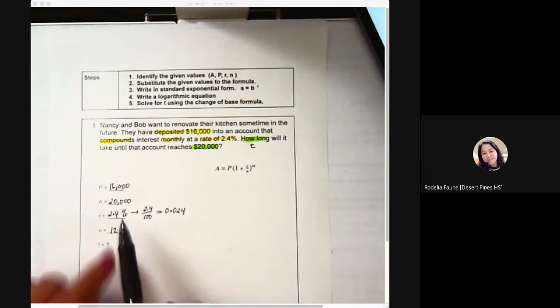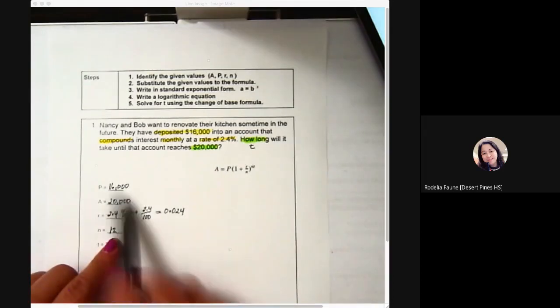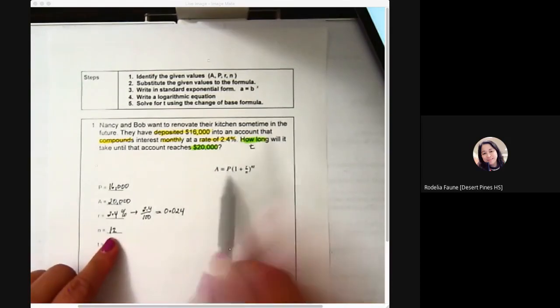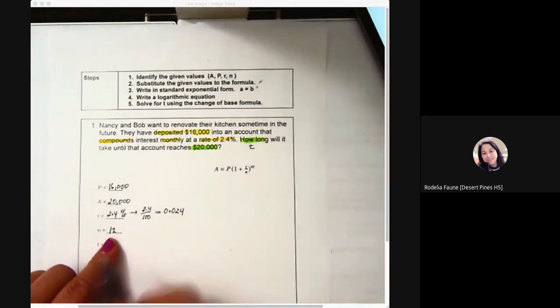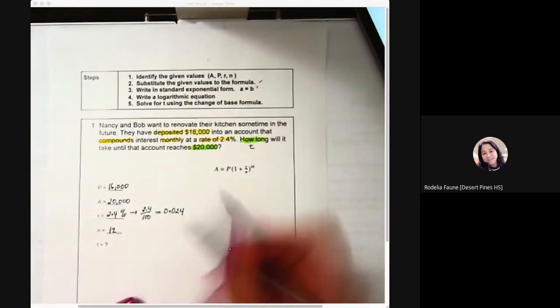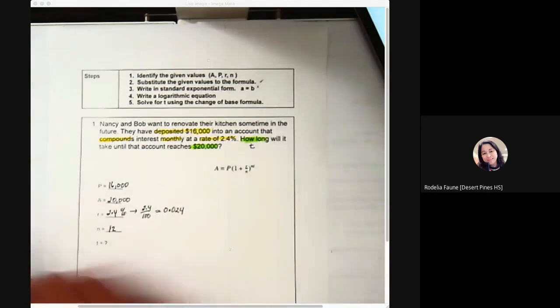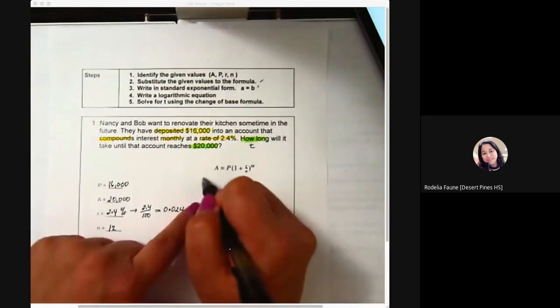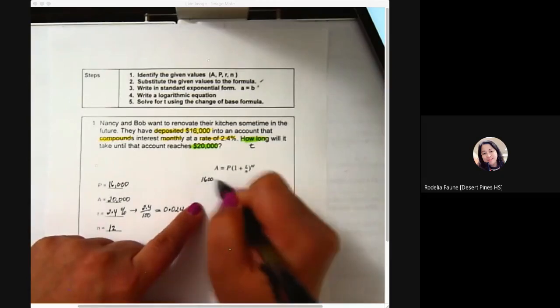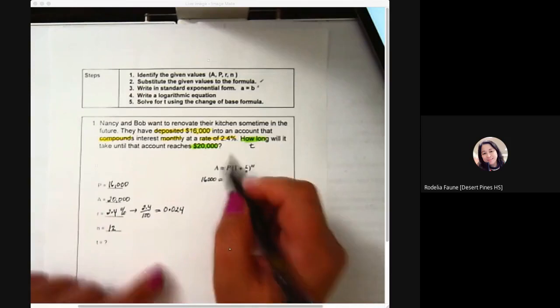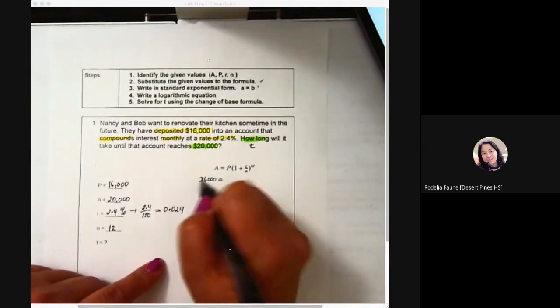Then we're going to plug in these numbers into that equation. That is step number 2. Substitute the given values into the formula. Sorry, it's not 16,000.